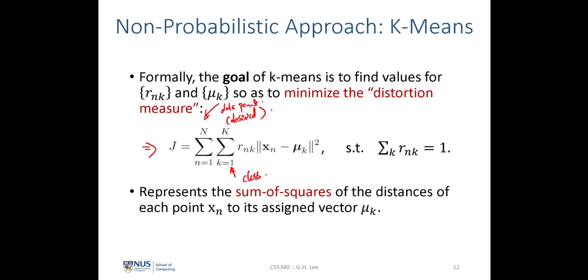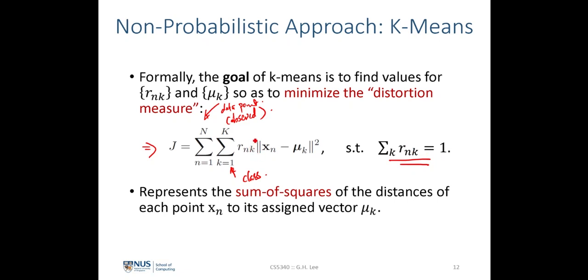So for every data point, I want to assign it to a centroid, and each data point can only be assigned to one centroid, as governed by the 1-of-K coding constraint, where each row of R has to sum up to 1.